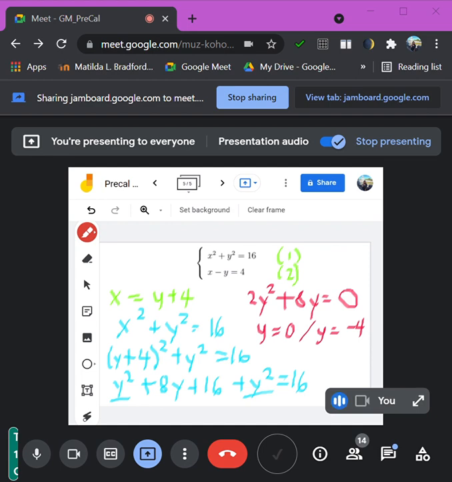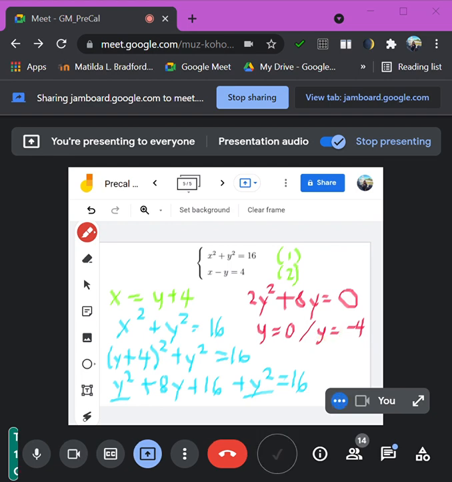Okay, and now, since you have gotten the values of your y, you can find the value of x by substituting into your equation here. When you substitute, that is equivalent still to 0.